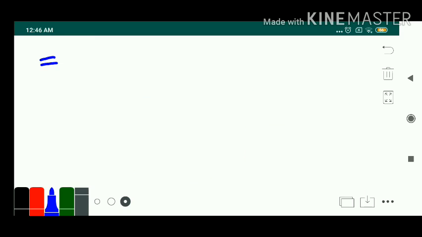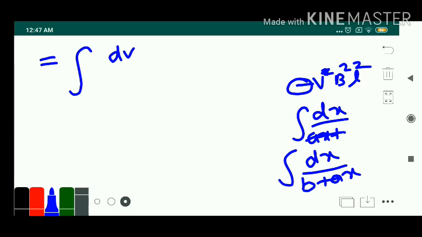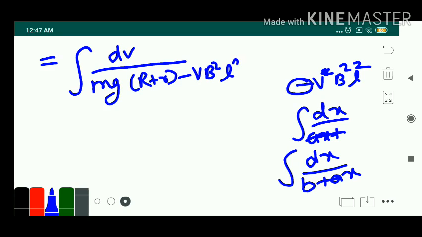You are writing this as minus v B squared L squared, so there is a minus term in that function. Initially it was the integral of dx divided by ax plus b, or I can write it as the integral of dx by b plus ax. So compare this term with the earlier one which you have as the problem: the integral of dv divided by mg times R plus r minus v B squared L squared.